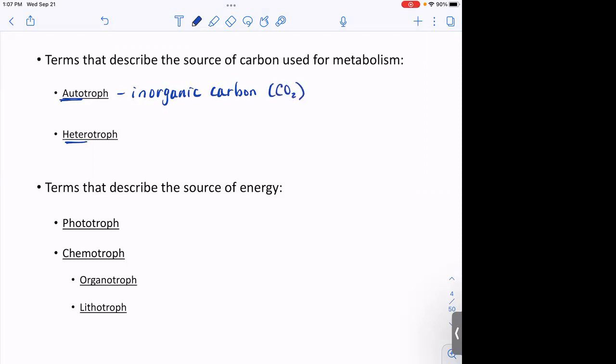Remember, if something is organic, it has carbon-hydrogen bonds. CO2 has carbon, but not carbon-hydrogen bonds. So an autotroph gets its carbon just from the carbon dioxide in the air, and a heterotroph has organic sources of carbon.